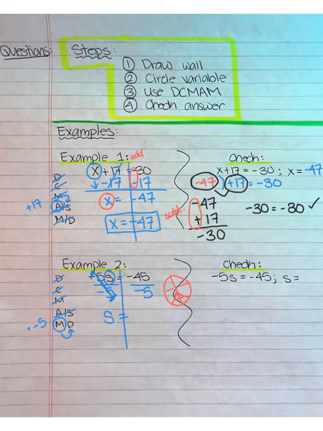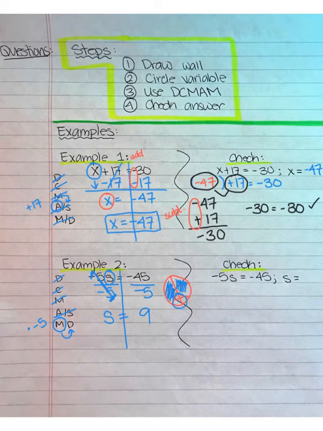So now 45 divided by 5, well, that's going to give me 9. And the sign is going to be, well, since the 45 is negative, I'm going to cross out a negative. Since the 5 is negative, I'm going to cross out a negative. So I know the sign of my 9 is positive.